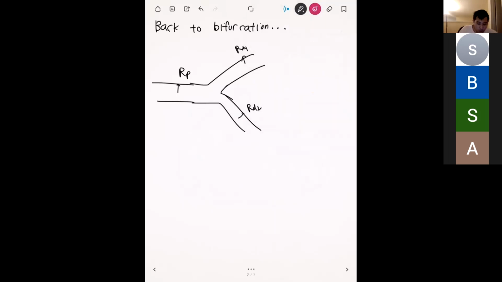And there's also going to be flow coming in here. We'll call this QP for the flow in the parent vessel. We'll call this QD1 for flow in the first daughter vessel, and we'll call this QD2 for flow in the second daughter vessel.